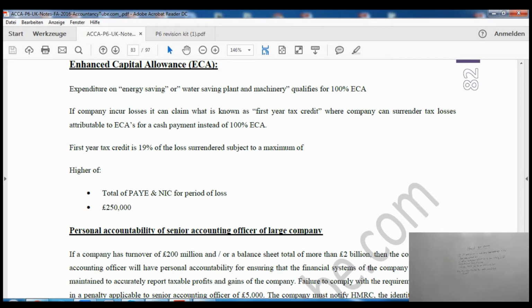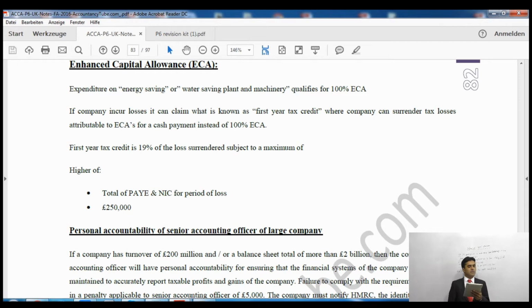Expenditure on energy saving or water saving plant and machinery qualifies for 100% enhanced capital allowances, ECA. If a company incurs losses, it can claim what is known as first year tax credit, where the company can surrender tax losses attributable to enhanced capital allowances for a cash payment instead of 100% enhanced capital allowances.